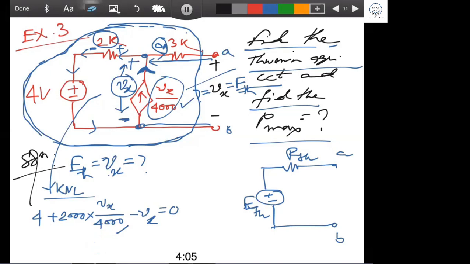Good. Now you see here, this 2000 and 4000 cancel out and it is giving you 2. And what is Vx? Anybody can tell me the answer. Any child can do this calculation a bit faster.